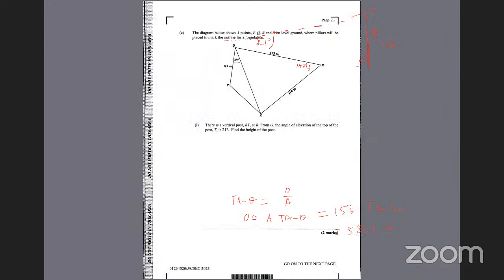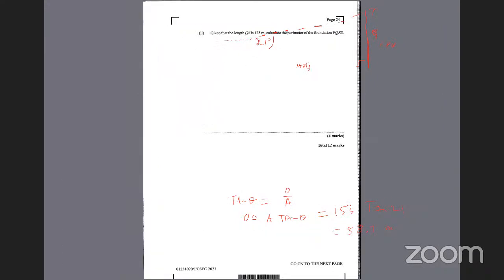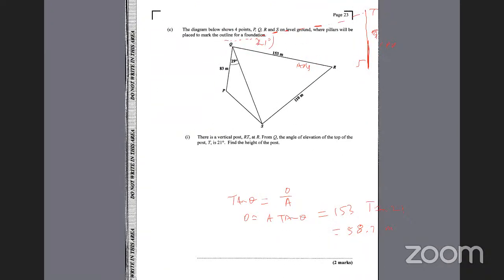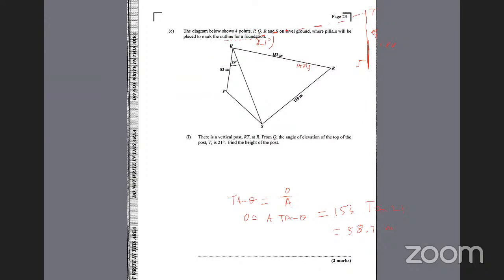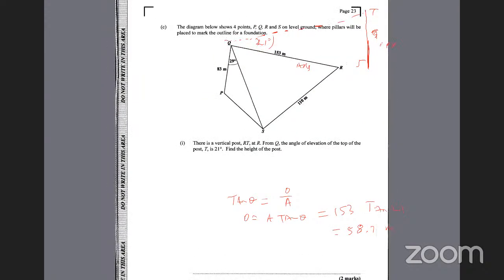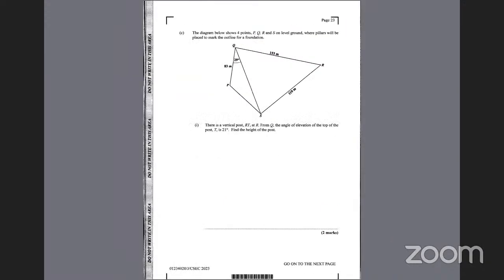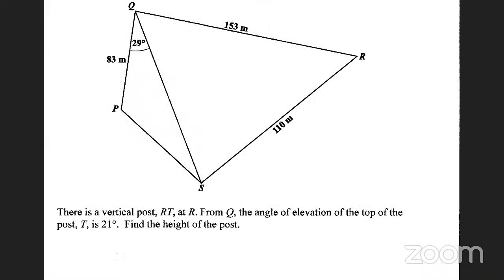What's the next part? Given that QS is 135, calculate the perimeter. Anyway, I don't need that, right? QS is 135, they want the perimeter of the foundation. So here is 135.